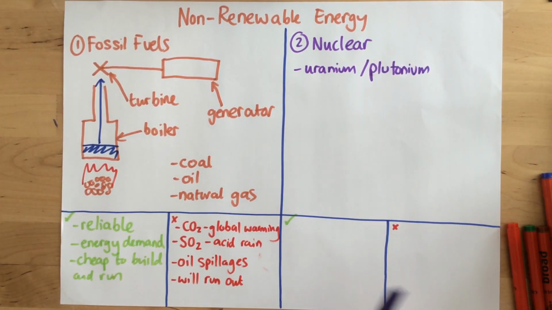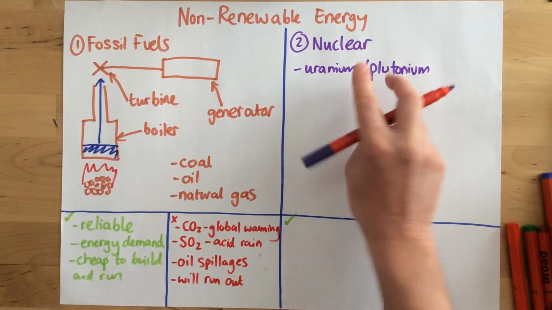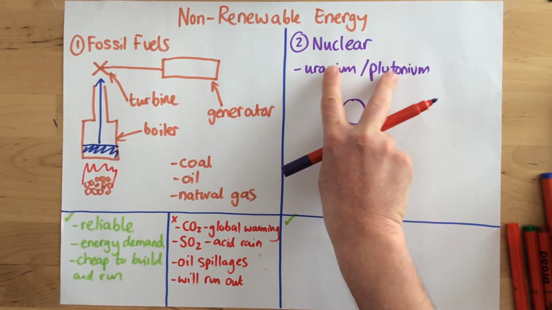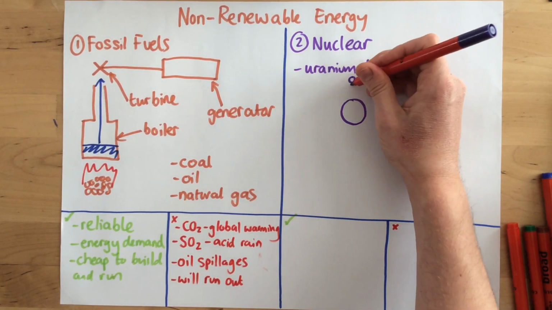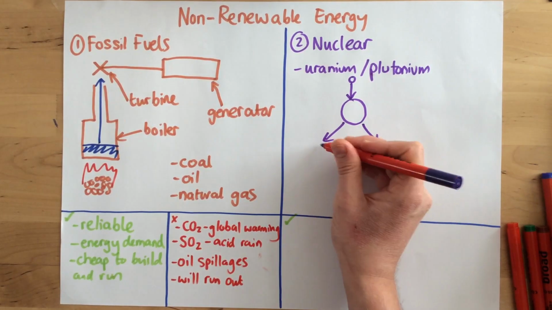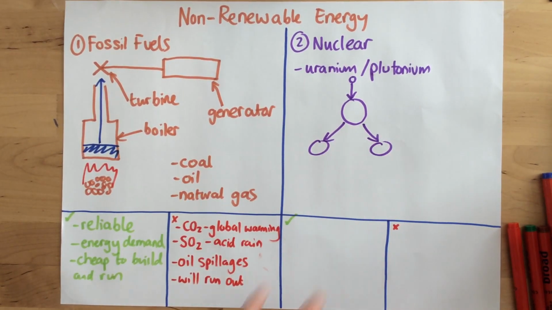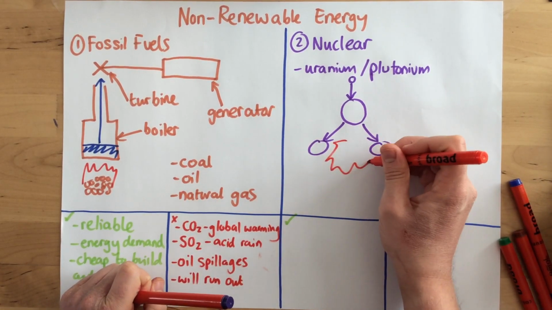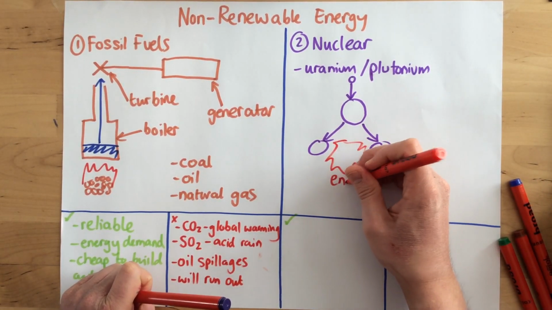We can't replenish them. So the way that these work is basically we have large unstable nuclei, and when we fire neutrons at them, it causes the nuclei to split into smaller daughter nuclei. And also, it releases lots and lots of energy.